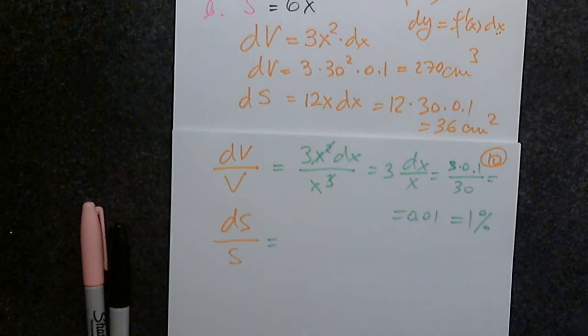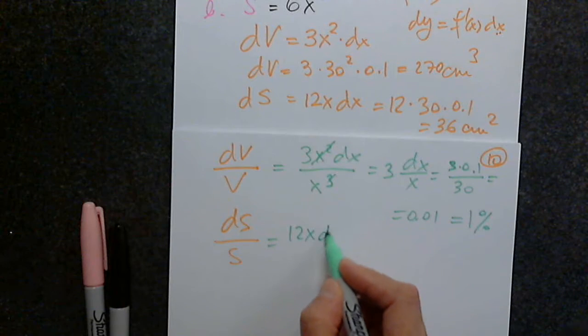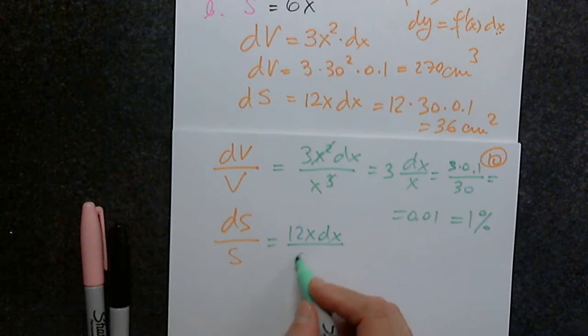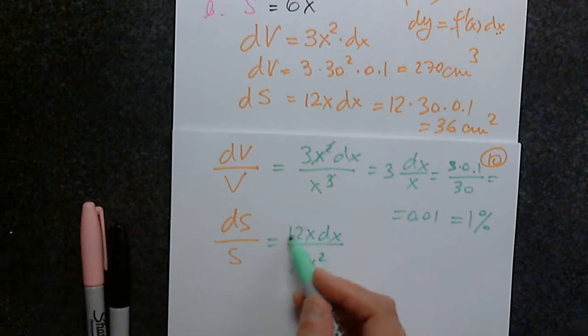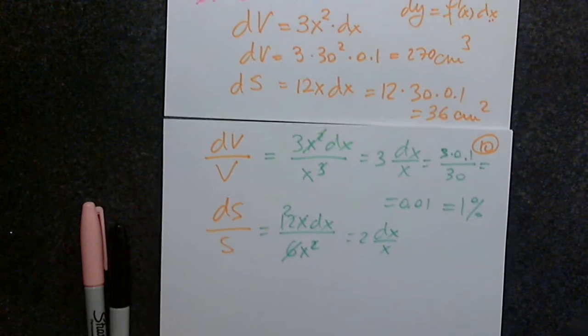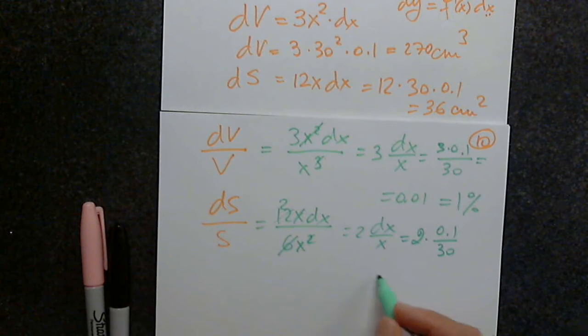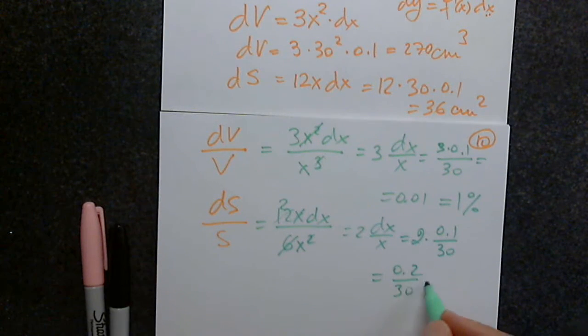Same thing with the dS over S. So dS was 12x dx divided by 6x squared. So this is 2 dx over x. So it's twice as much. So this is 2 times 0.1 over 30, or 0.2 over 30, or 0.1 over 15. And how much is this? And I also need percent.